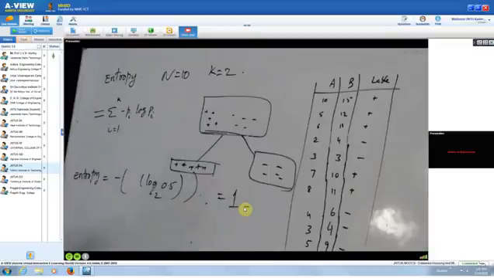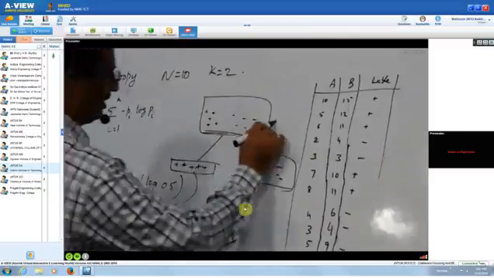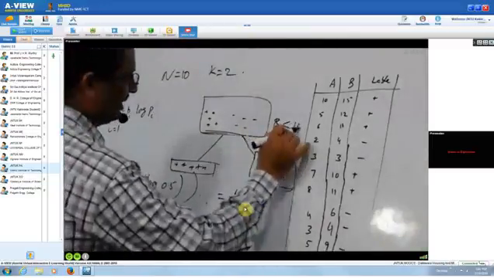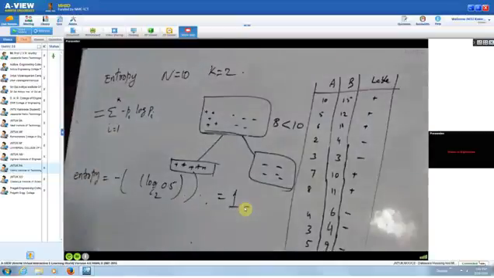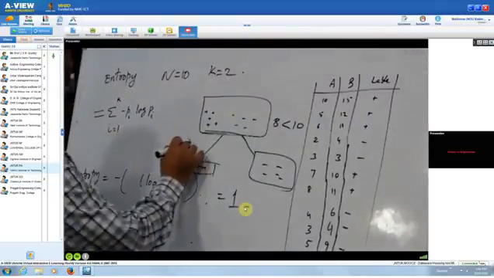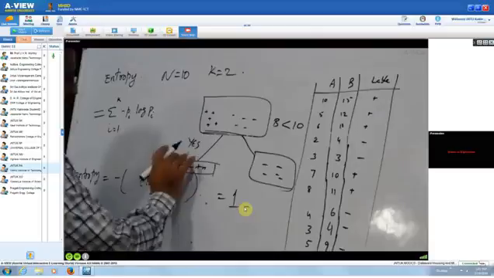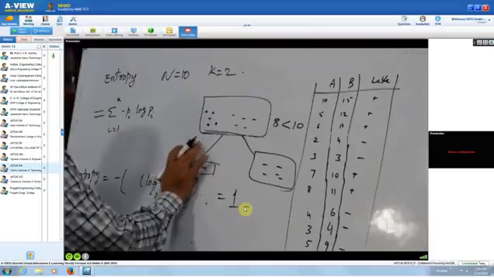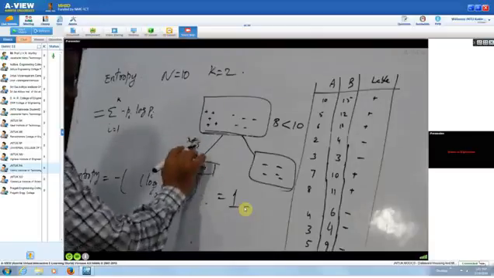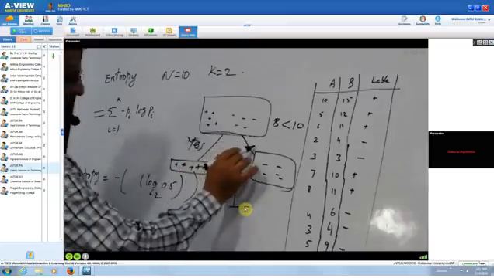B greater than or equal to 10. Suppose I ask, is B less than 10? Yes and no. So your criterion is B less than 10. Yes, all plus.